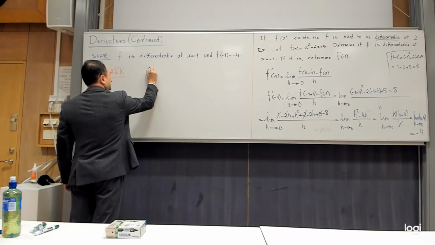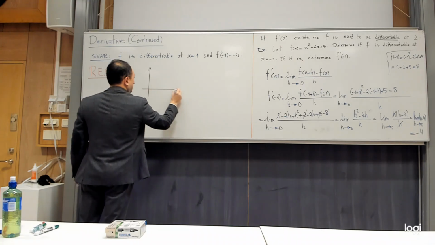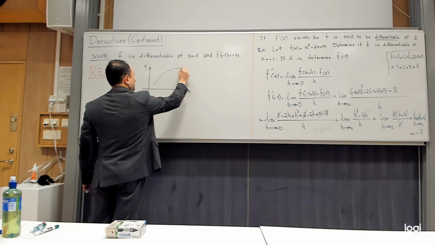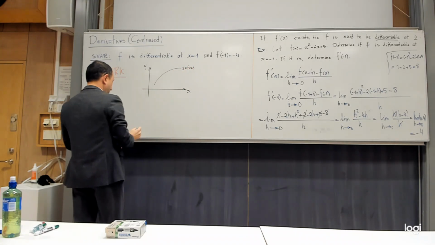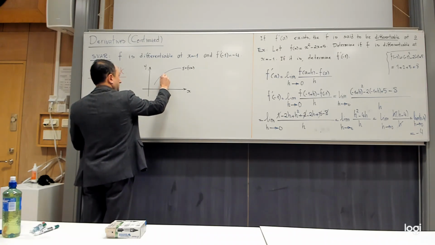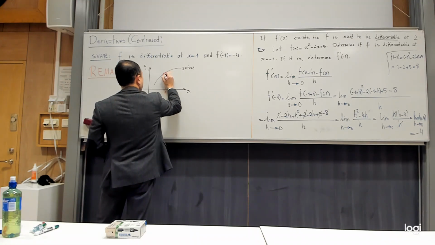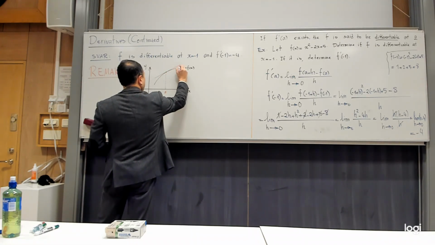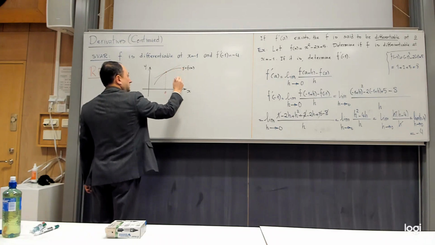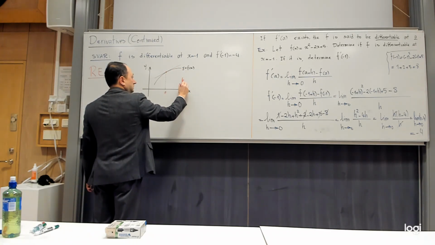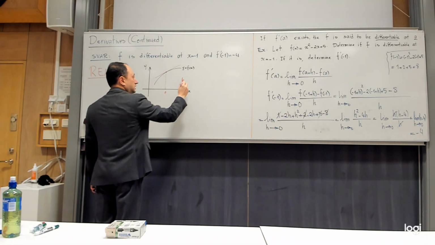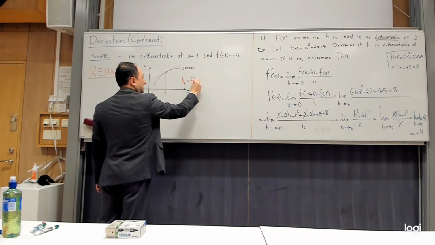In general, if I have x and y, and this is my function, and this is a, and then I draw the tangent line here, the slope of this tangent line that you see in the picture is equal to f prime of a.